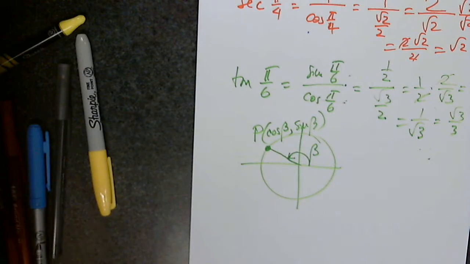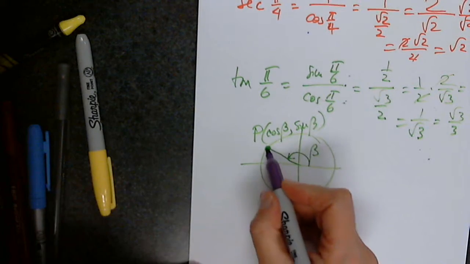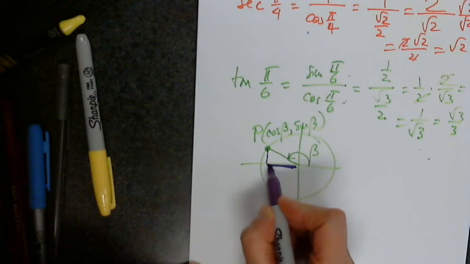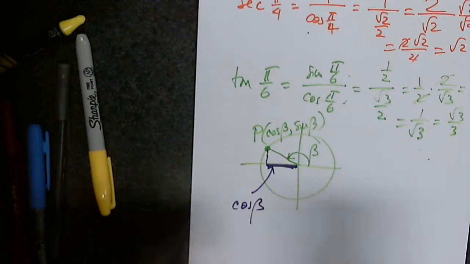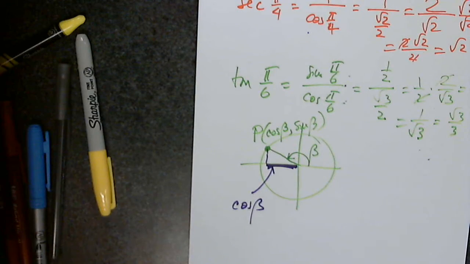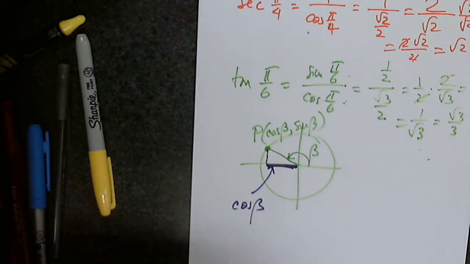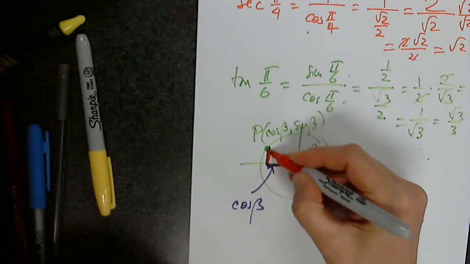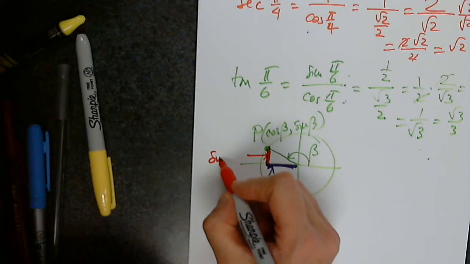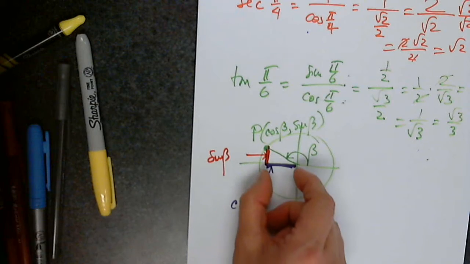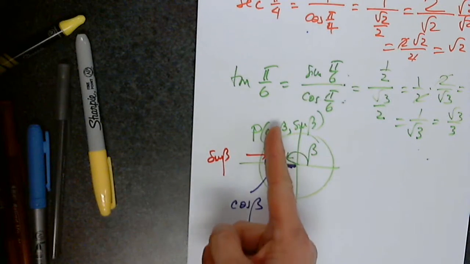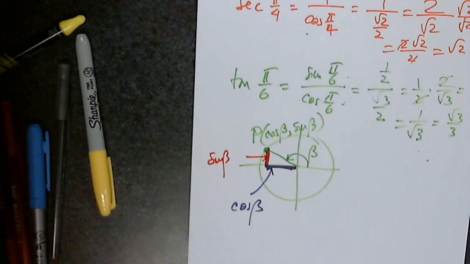Meaning, how long is cosine? This piece is cosine beta. How much is sine? This piece is sine beta. Which makes sense. X comma Y.